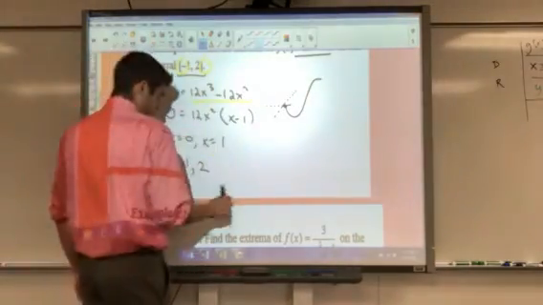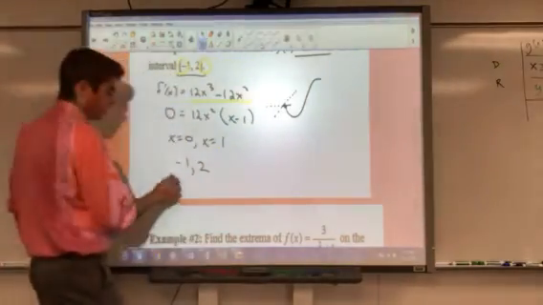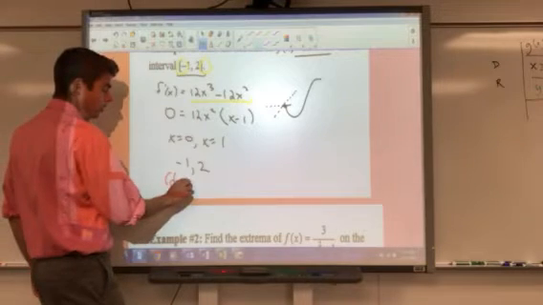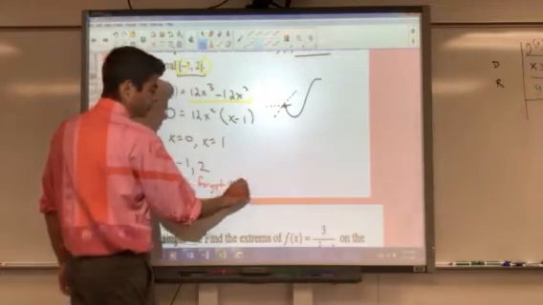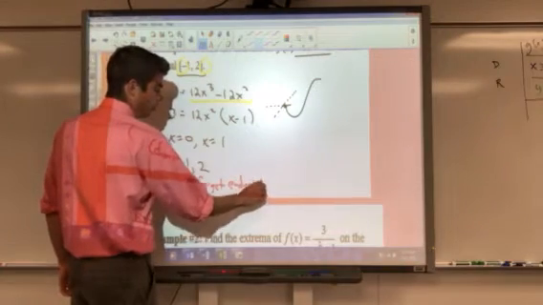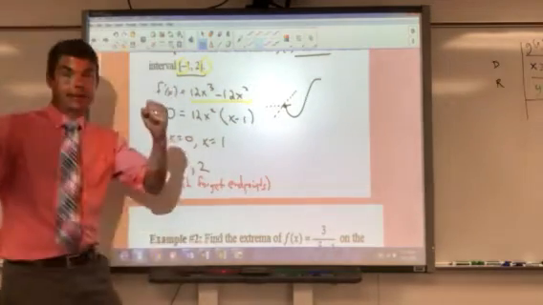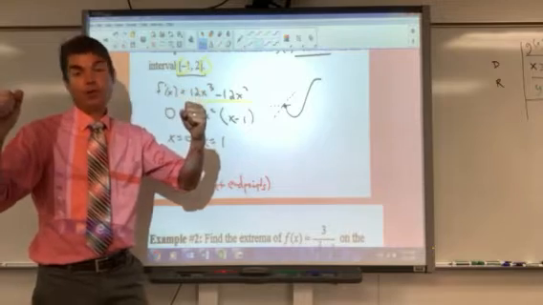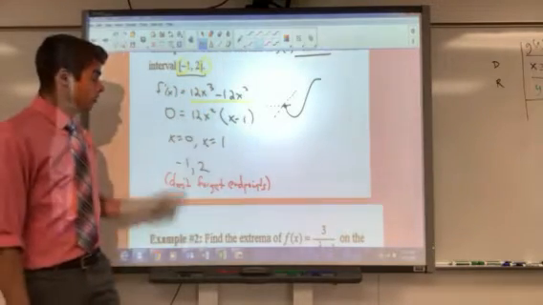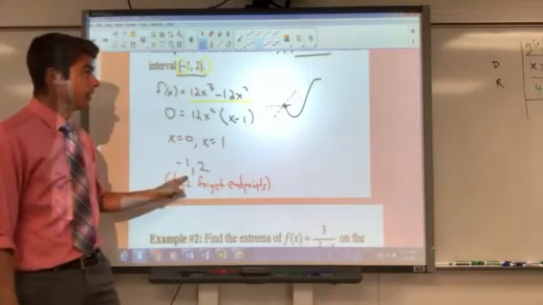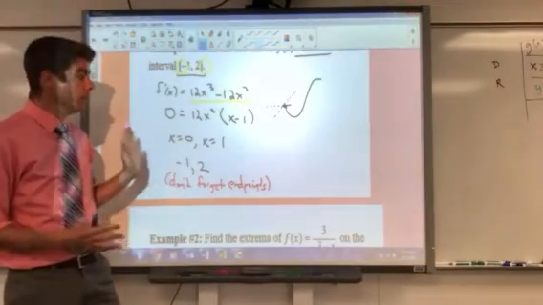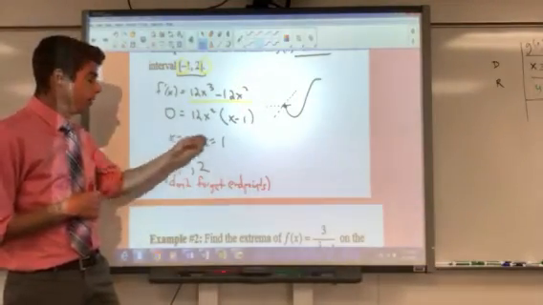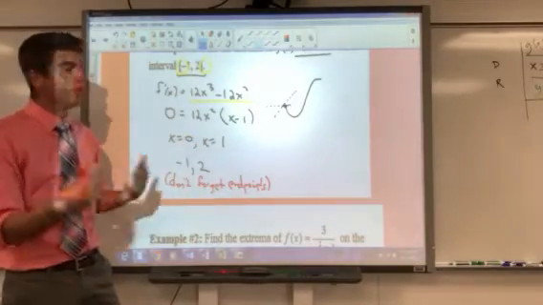Don't forget endpoints, because your endpoints will always be critical since by definition those endpoints have no derivative defined. So I have 4 values that are critical values. That means the maximums and the minimums of this function would have to come at one of these 4 spots, or there might be multiple.